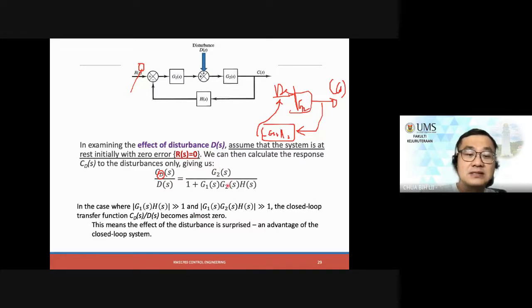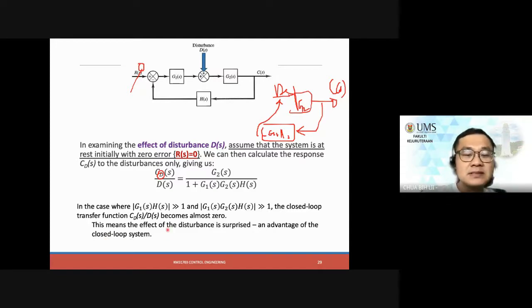When this is very large, then eventually this whole function becomes zero. This means the effect of disturbance is suppressed. This is an advantage of a closed loop system, right?